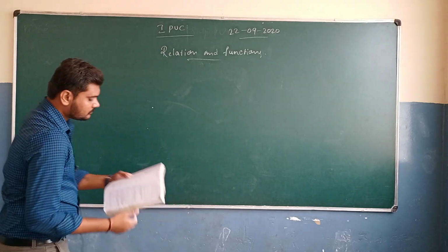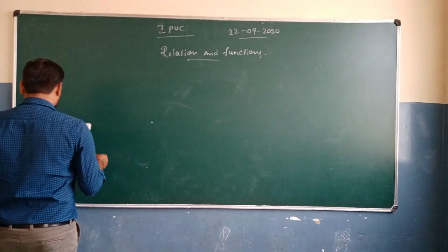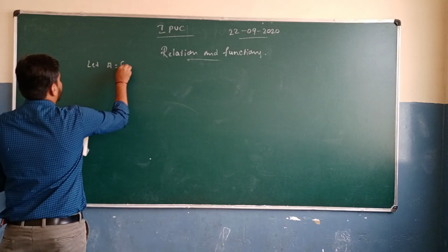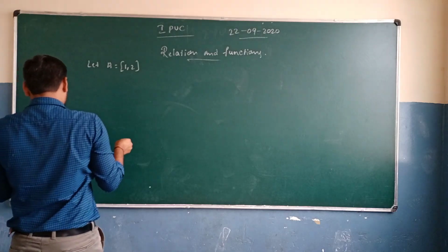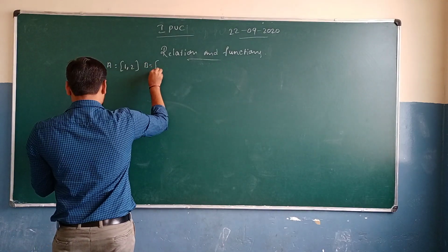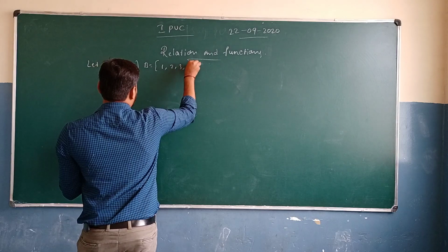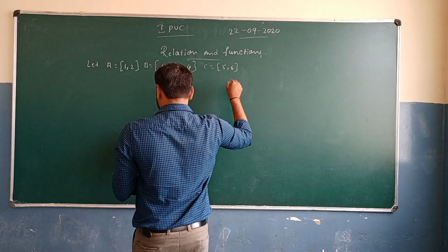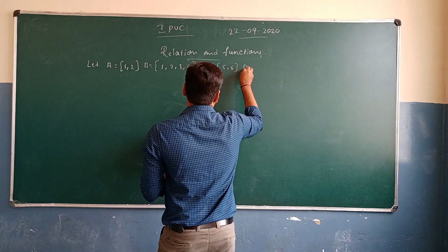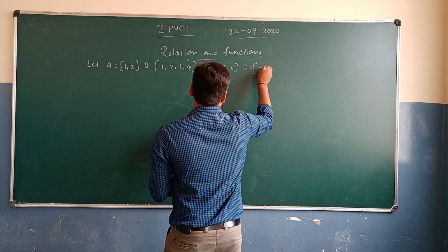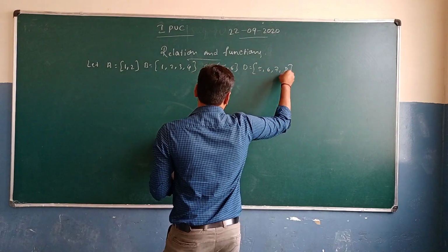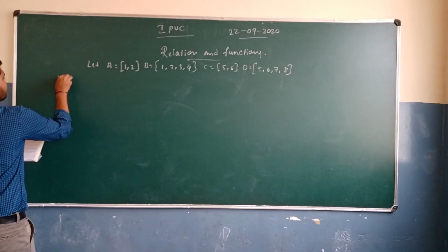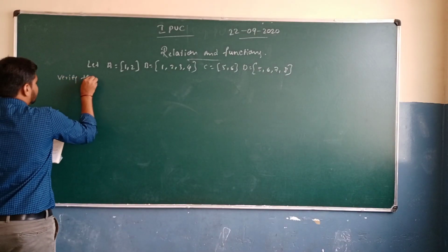So the next one. Let A = {1, 2}, B = {1, 2, 3, 4}, C = {5, 6}, and D = {5, 6, 7, 8}. Then verify that.